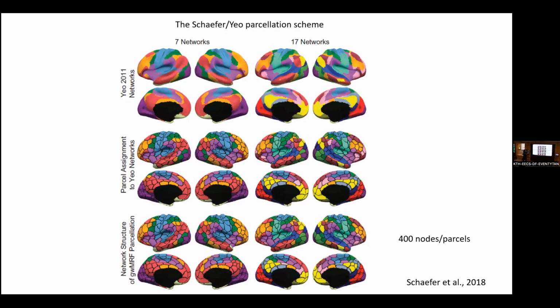If you want to have 100 nodes, 200 nodes, 400 nodes, up to 1,000 nodes. But there are, of course, a lot of parameters that play a role here. Signal to noise ratio: the smaller the nodes or the parcels, the less signal you will have, but you also want anatomical specificity on the other hand, so it's always a back and forth.